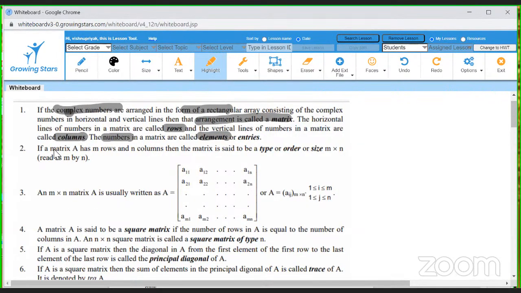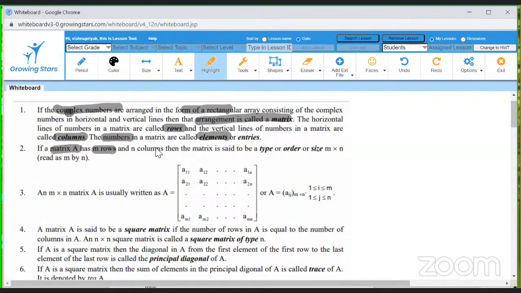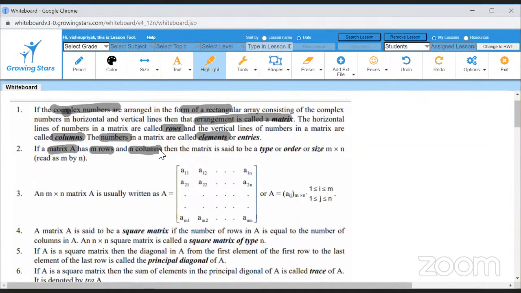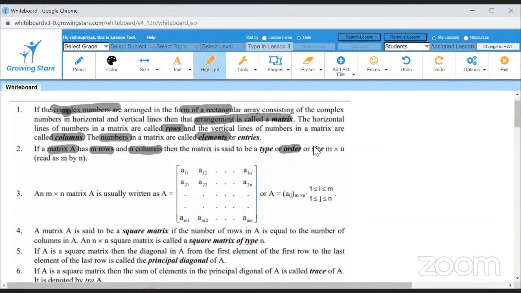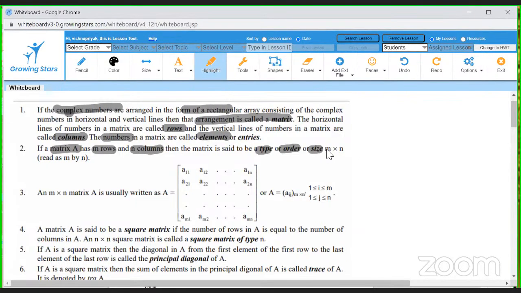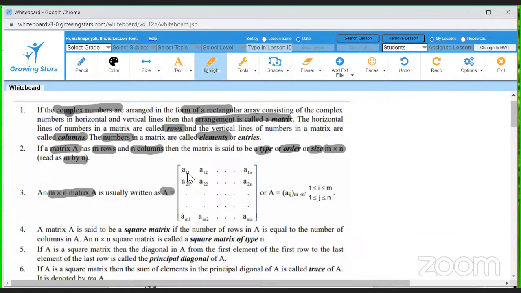If the matrix A has m rows and n columns, the order of the matrix, or type of matrix, or size of matrix is m by n. You have to read it as m by n.